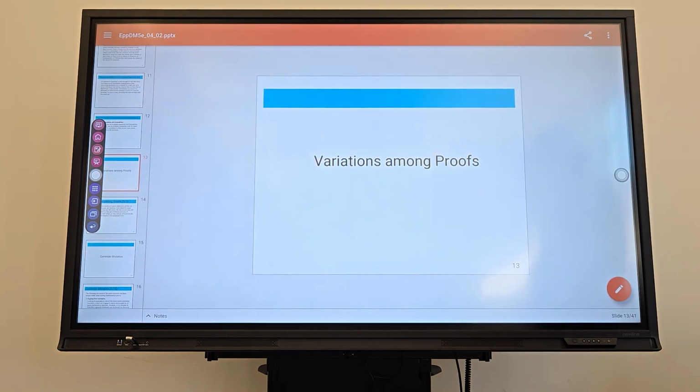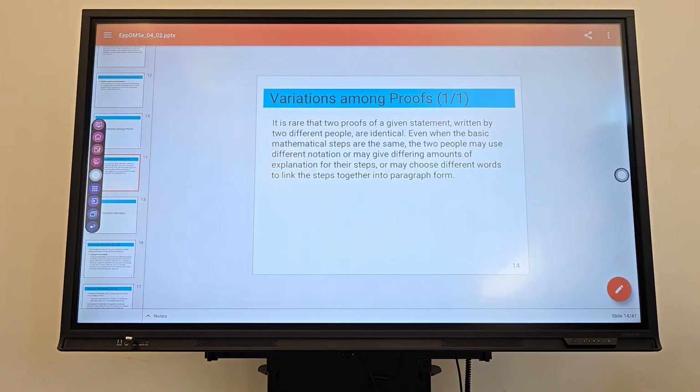Okay, variations among proofs. Well, proofs are like writing papers. Even if the topic is the same, the subject is the same, the conclusions are the same, no two people write the same paper. Not word for word. Same with proofs. Programming, people have their own programming style.